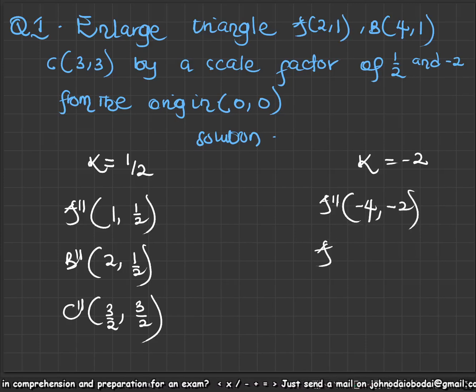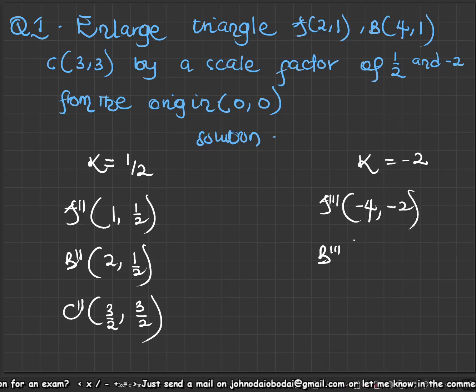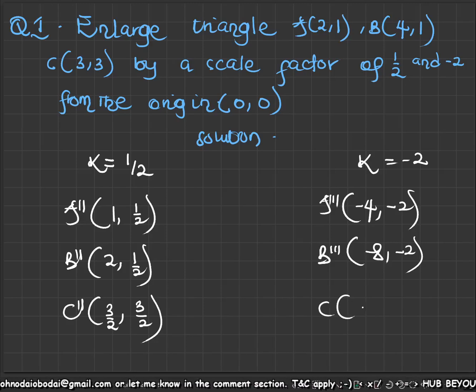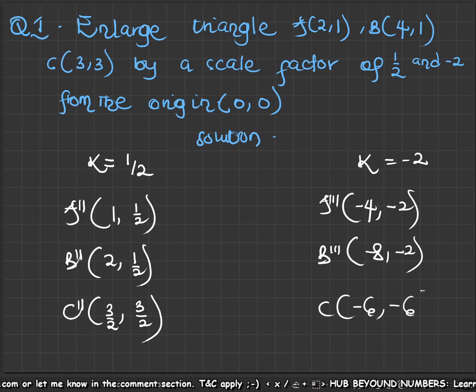Then we come to that of B. So for B, we have 4 times -2, that gives us -8. And then 1 times -2, that gives us -2 as well. Then for the C also, we have 3 times -2, giving us -6. And then another -6.